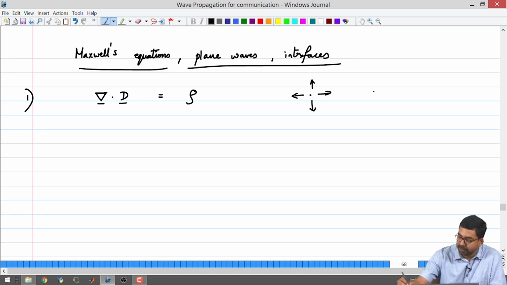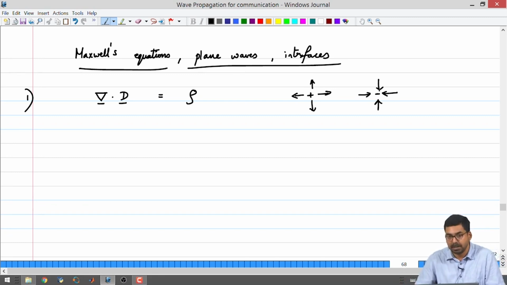So, rho is the charge density. Okay. Some convention is followed, plus means that I am having fields diverging out, and minus means that I have fields converging in. It is the convention that we follow. So, this is the Gauss's law.